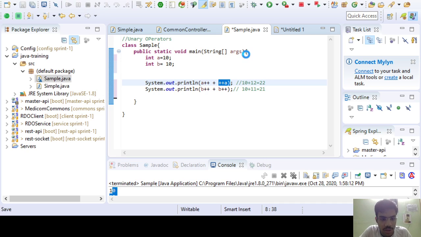Let me save this example and verify whether it is true or false.